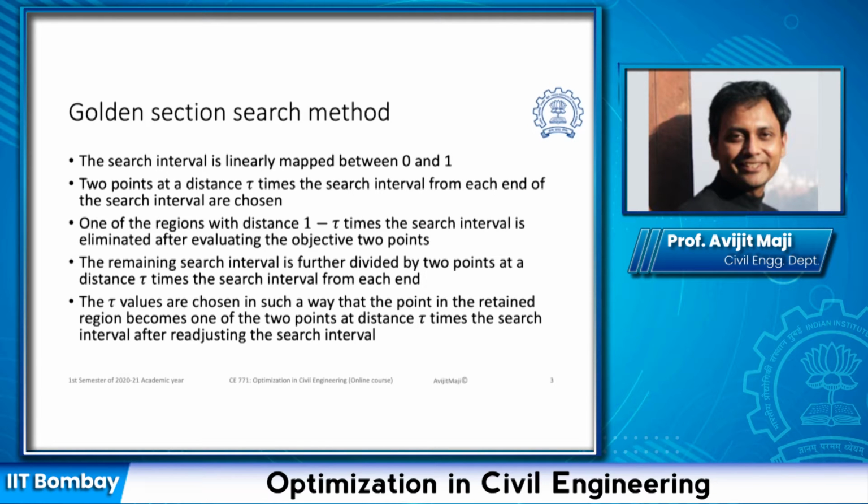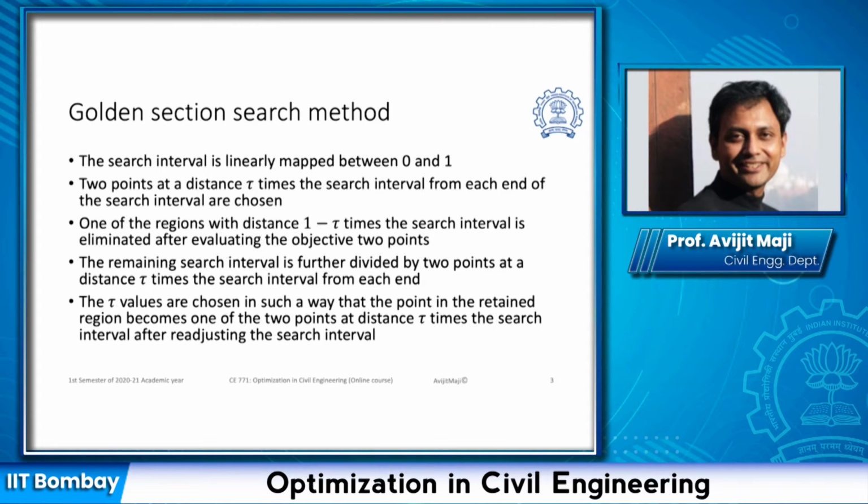In this search method, we first linearly map the interval between 0 and 1, and then we try to find two points at a distance tau from each end of the interval. Then the region with a distance 1 minus tau is eliminated using the region elimination rule, after evaluating the function value at that point.